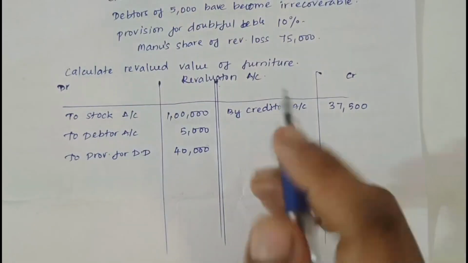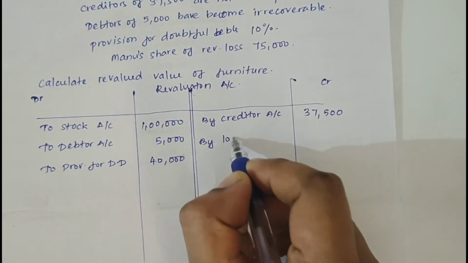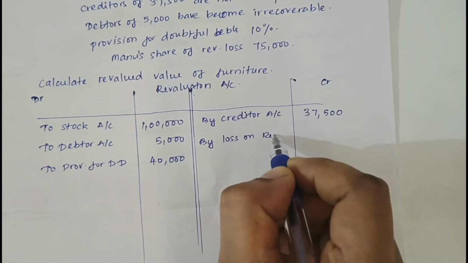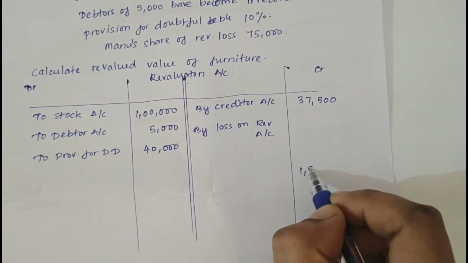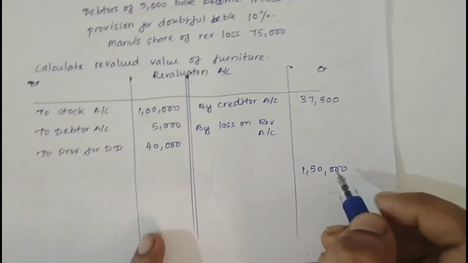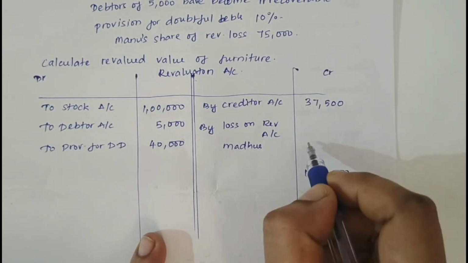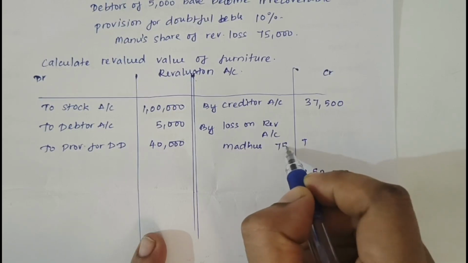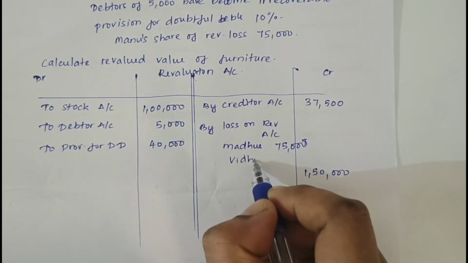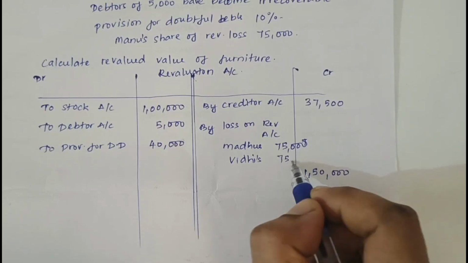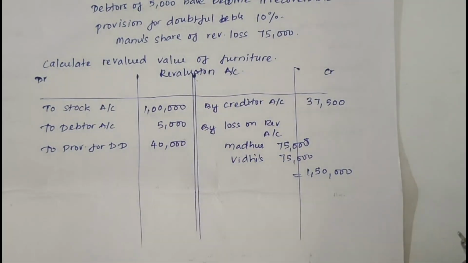Since it is a loss, it will be on the credit side. By loss on revaluation account, the total is 1,50,000, Manu's share is 75,000 and Vidhu's share is 75,000. Total is 1,50,000.